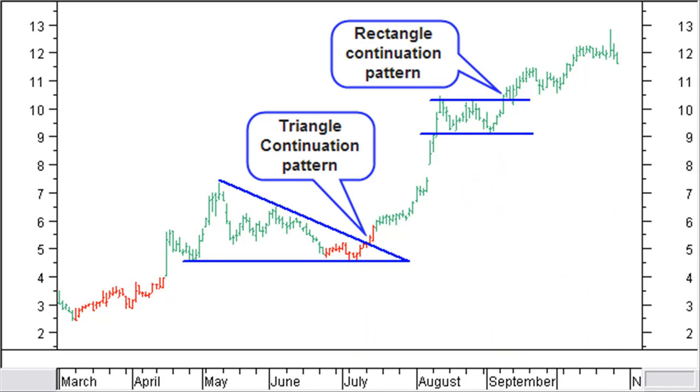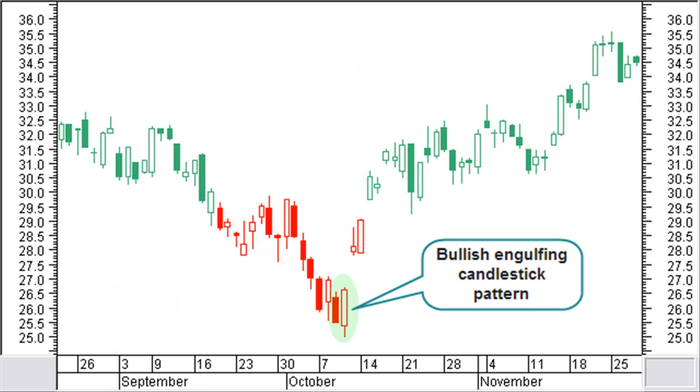A third possibility is making use of more complex reversal and continuation price patterns, like in this example where you can see a triangle and rectangle continuation pattern, confirmed when the closing price breaks out of the pattern to the upper side. A fourth possibility is using the Eastern candlestick chart instead of the normal Western bar chart.